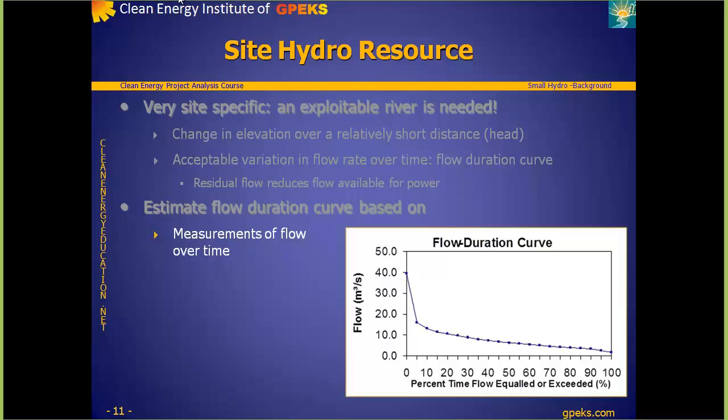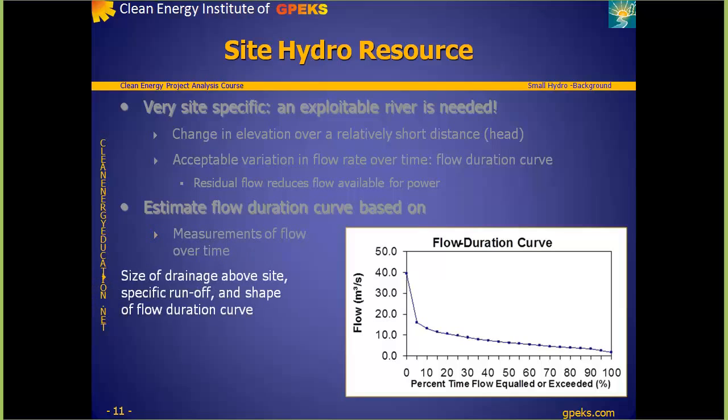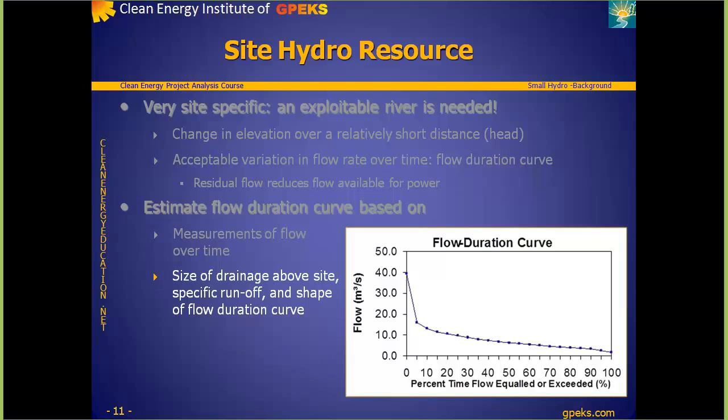While the head at a given site is relatively easy to estimate, determination of the flow duration curve either requires measurements of the flow in the river over the course of a number of representative years, or estimation based on data from various sources. In the latter case, the size of the area that is draining into the river above the site must be estimated from topographical maps or previous studies.